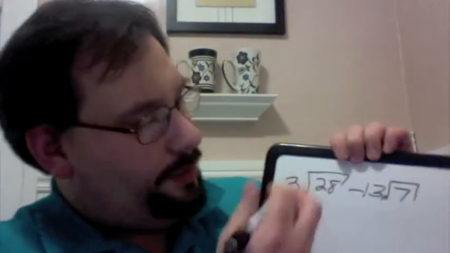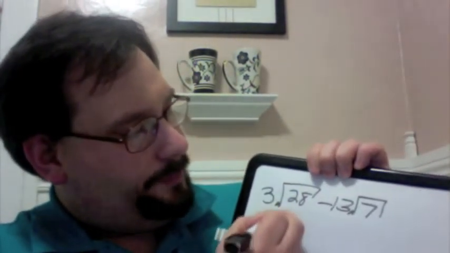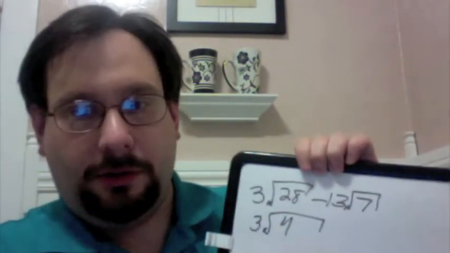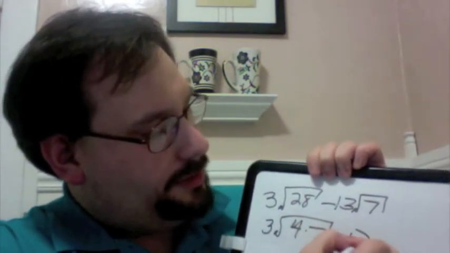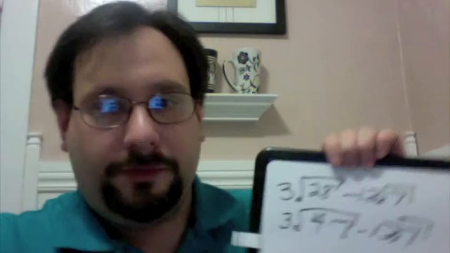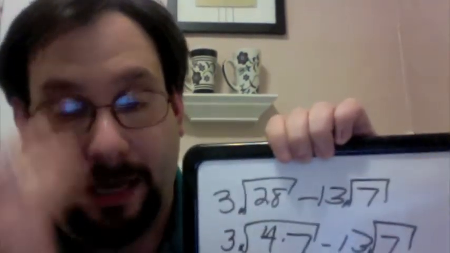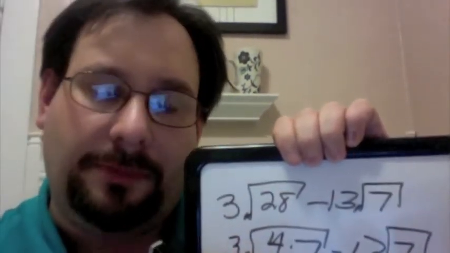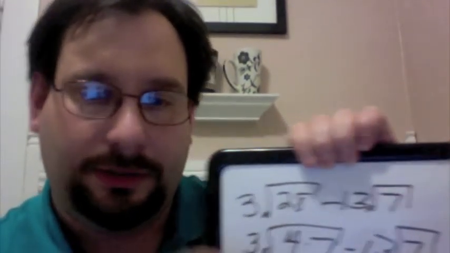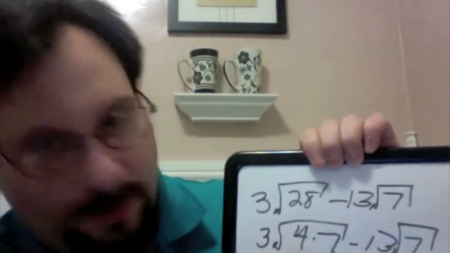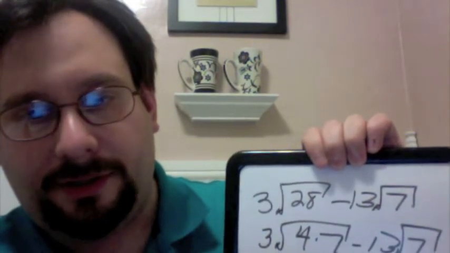So we can change that and make that 3 square root of 4 times 7 minus 13 square root 7. Now, still not the same, because we still have this difference underneath the square root. In this case, we can simplify this.